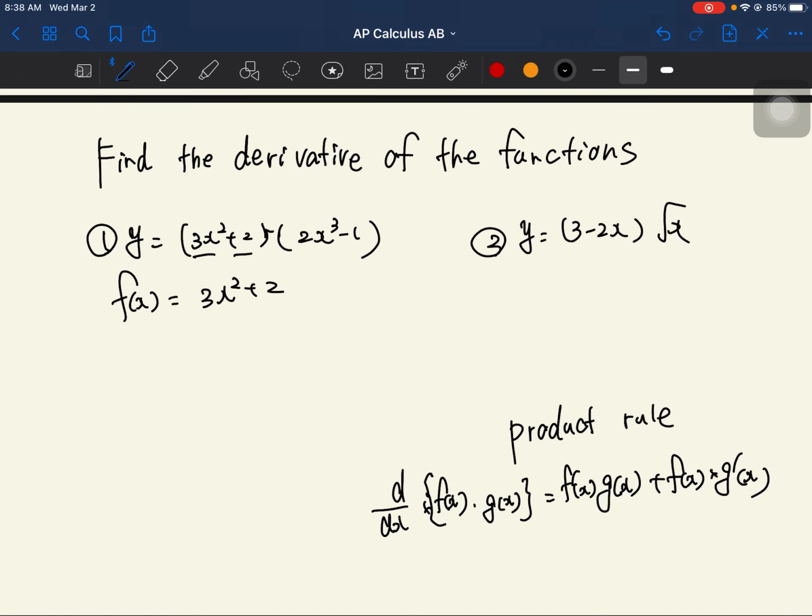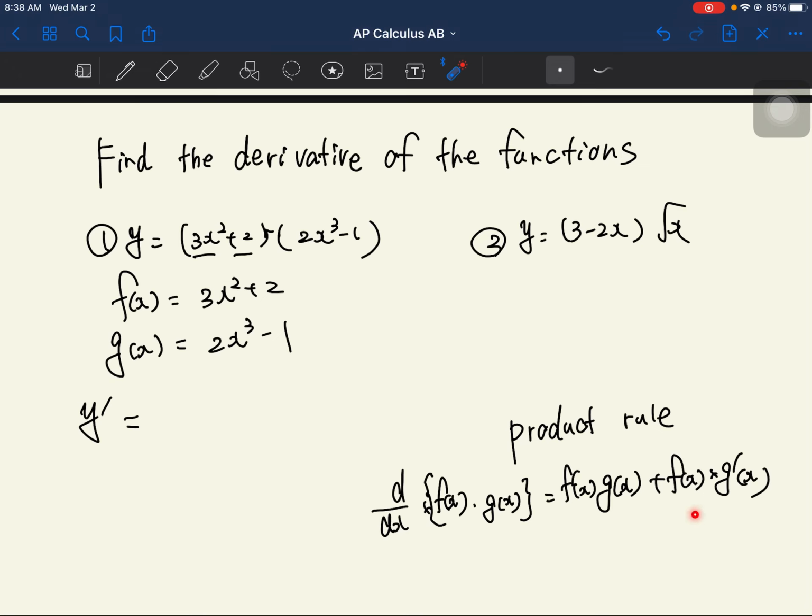So in this case, f of x is 3x squared plus 2, and g of x is 2x cubed negative 1. So technically, this one is f of x times g of x. So let's find y prime.